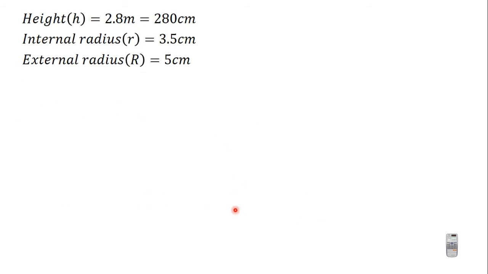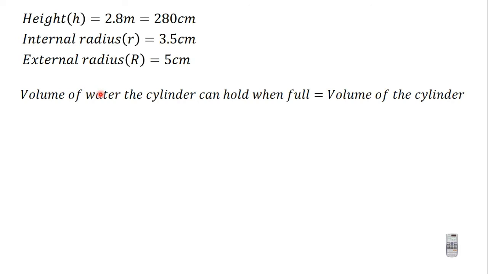The question also said we should find the volume of water the cylinder can hold when full. The volume of water the cylinder can hold when full is the same as the volume of the cylinder, because the volume of the cylinder will determine the amount of liquid that the cylinder can hold when full.